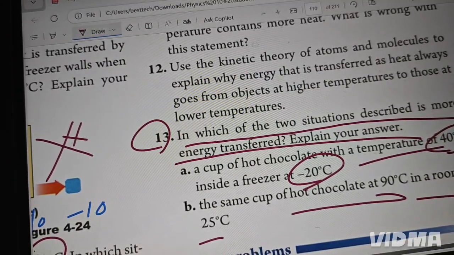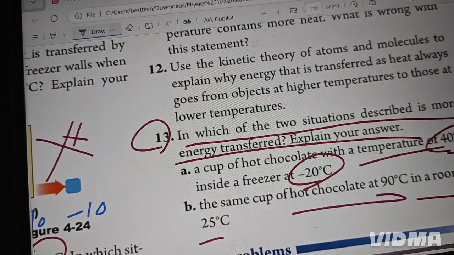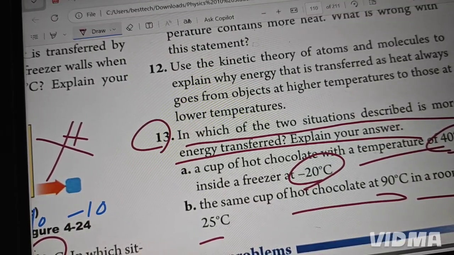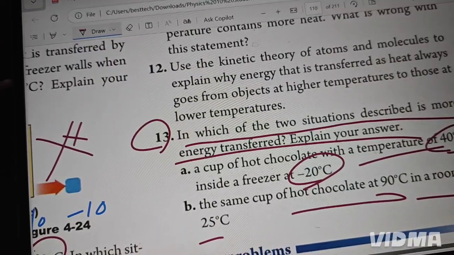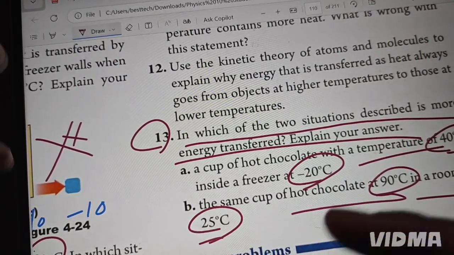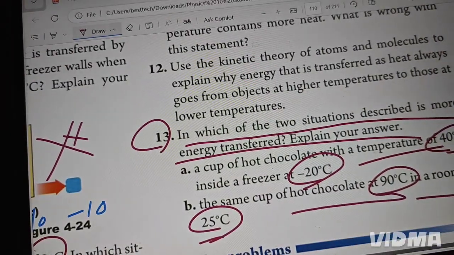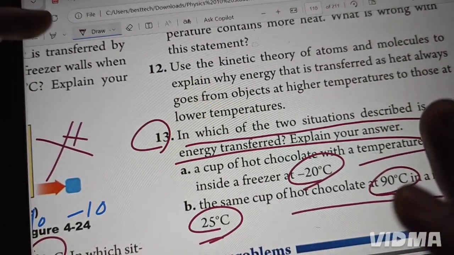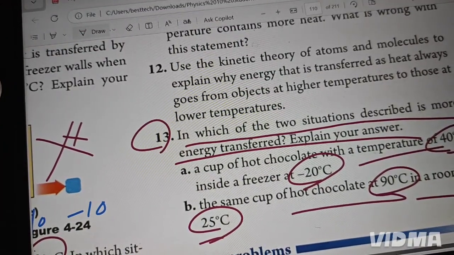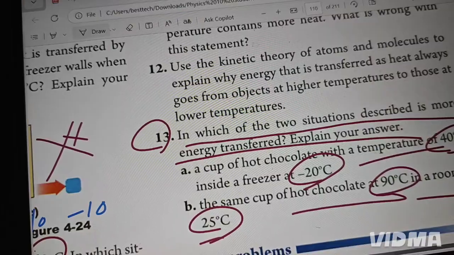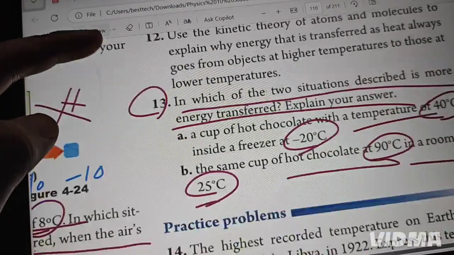The answer is the second situation, part B, because the difference in temperature between 90 and 25 is more.